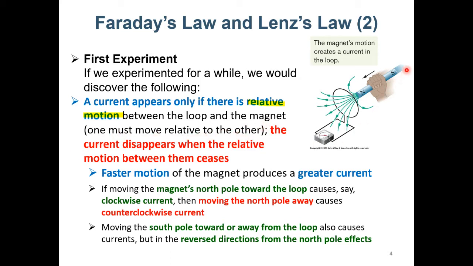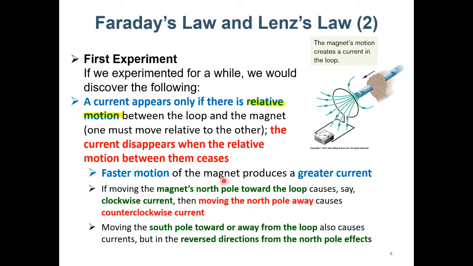You can move the magnet into the loop, or you can move the loop towards the magnet. The current disappears when the relative motion between them ceases. When they don't have relative motion, there will be no current.